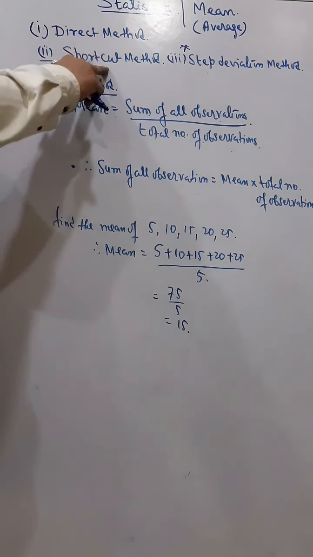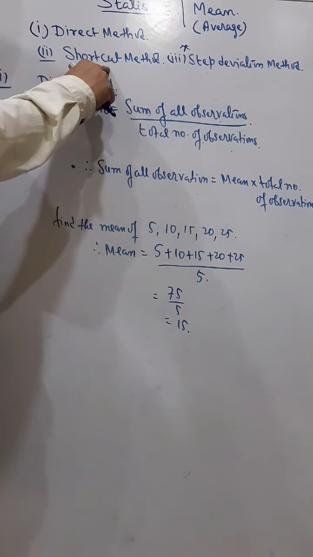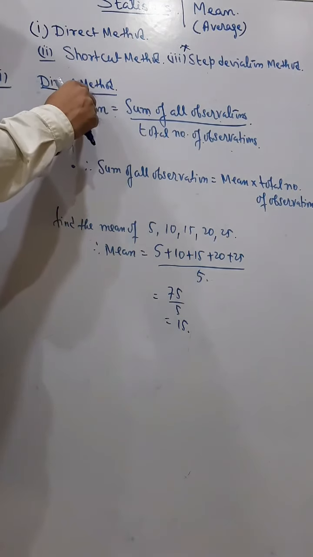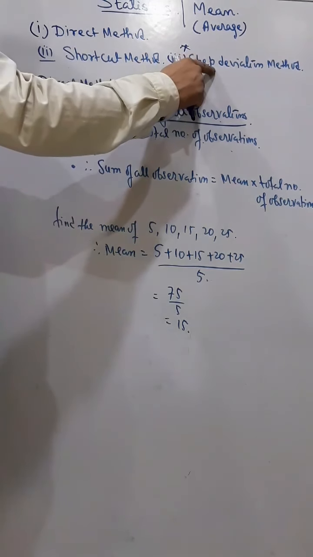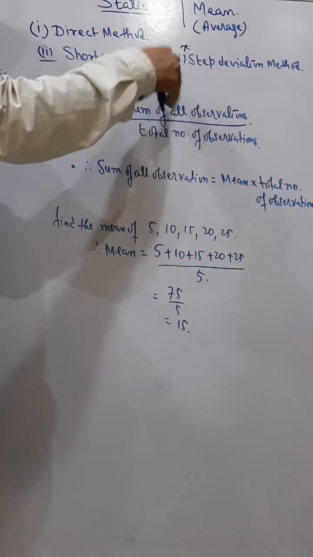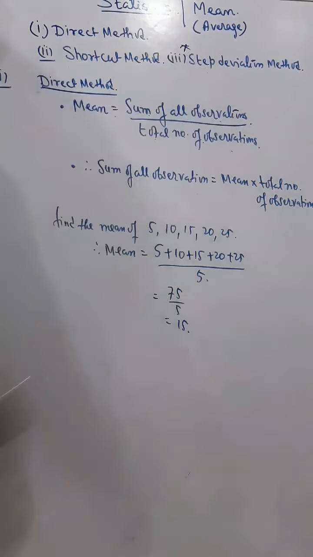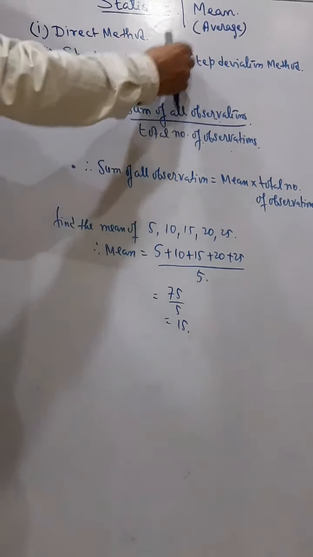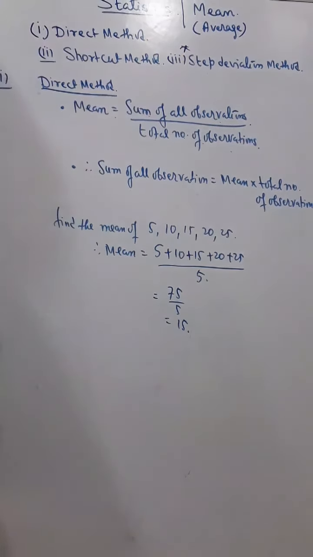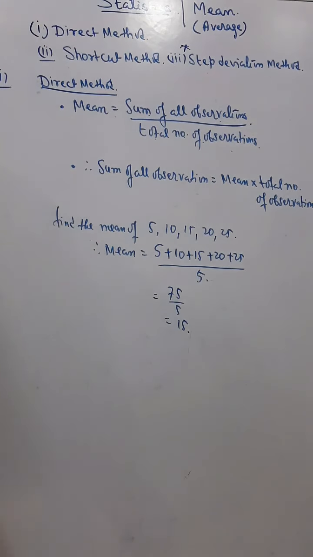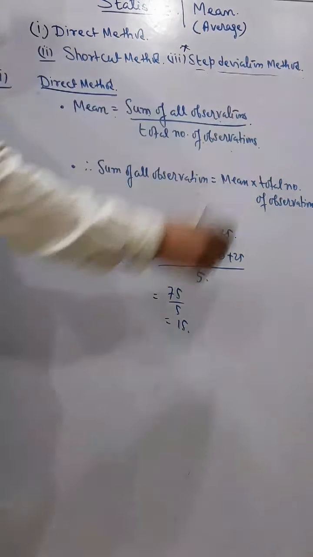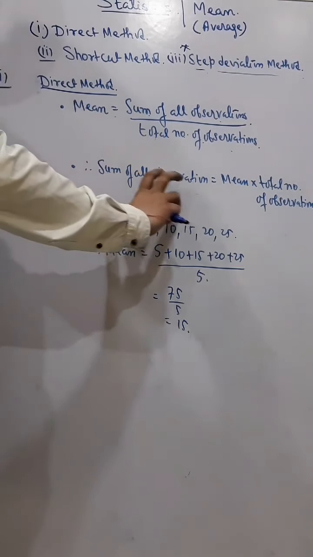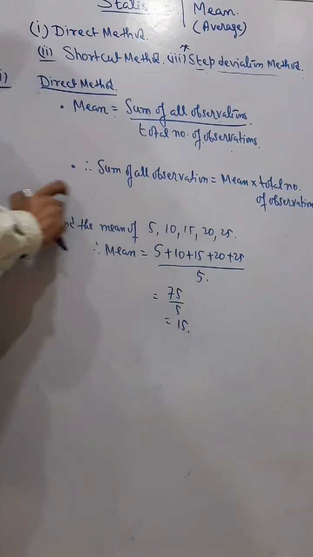In shortcut method the calculation is less than direct method, but you have to do more steps. In step deviation method the calculation becomes easier than shortcut, but it is a little bit longer method than shortcut method. Unless mentioned, we always use step deviation method when the values are large and we have class intervals.